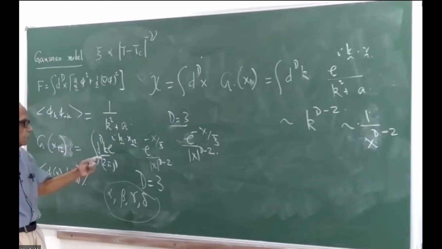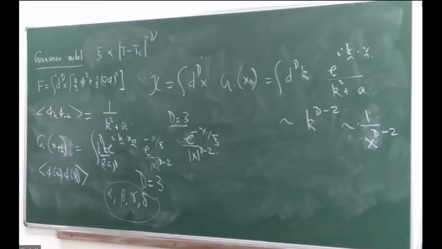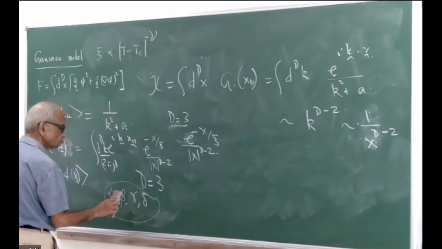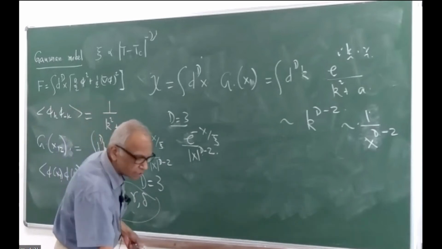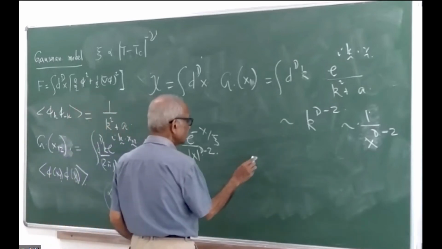So that's the correlator over here, which is g of x12. And now I have to get the susceptibility.